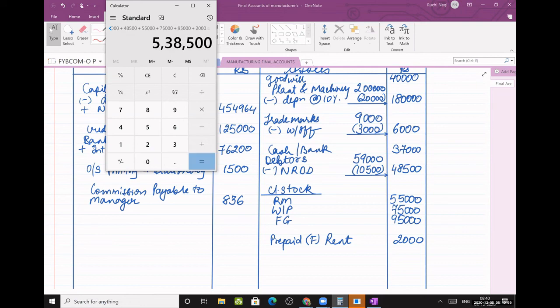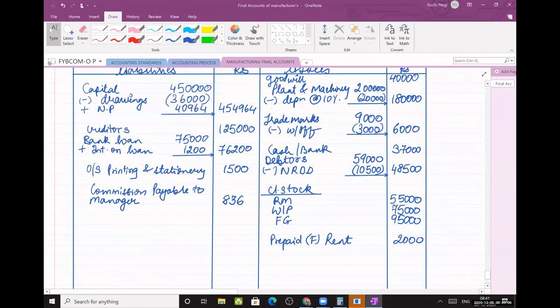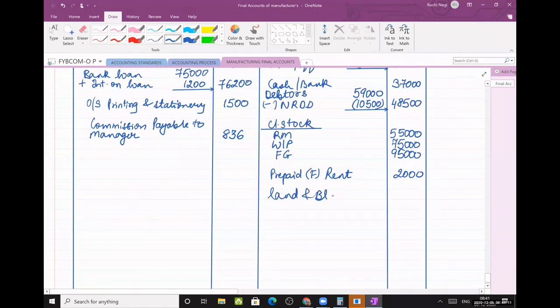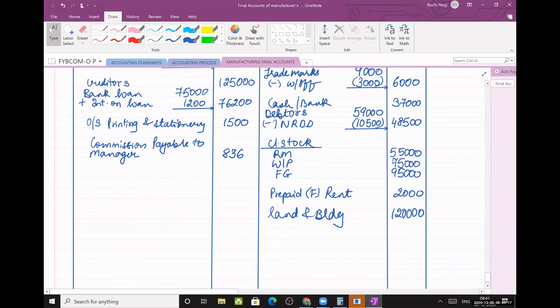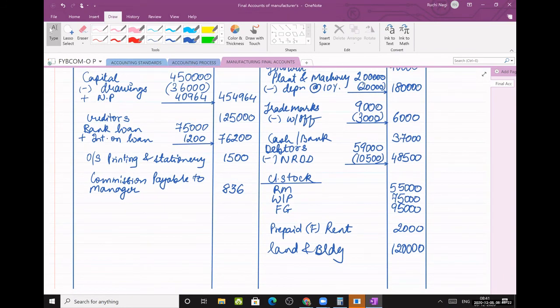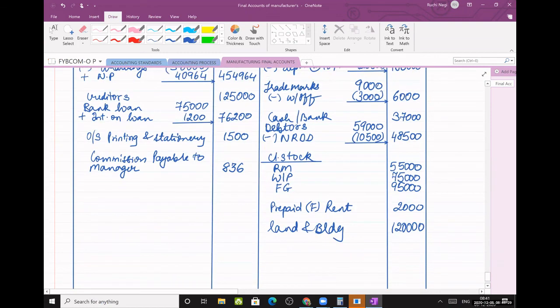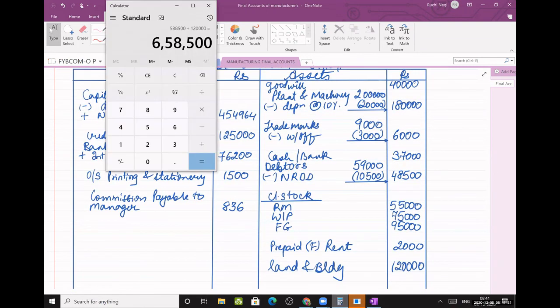So the answer is 5,38,500. Land and building is also there, sorry. Land and building 1,20,000. Okay, land and building 1,20,000. Plus 1,20,000 of land and building. So 6,58,500. Let us see this total. Yeah.